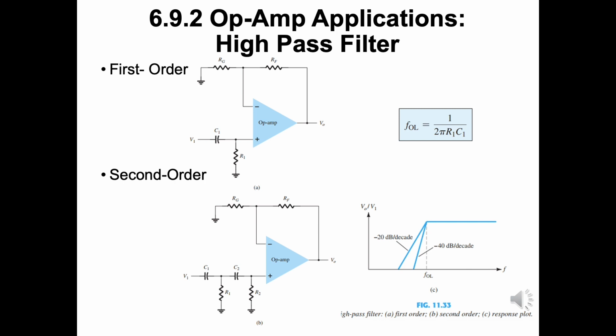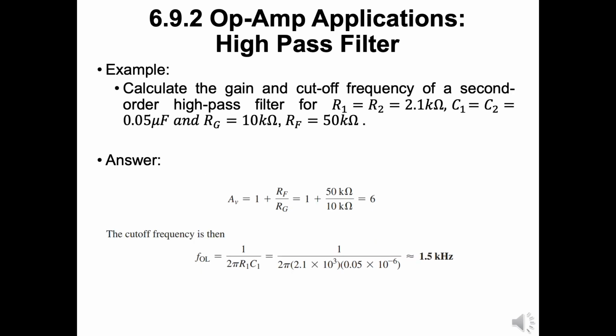For the second-order filter, R1 equals R2, and C1 equals C2, which results in the same cutoff frequency as in the first-order high-pass filter.